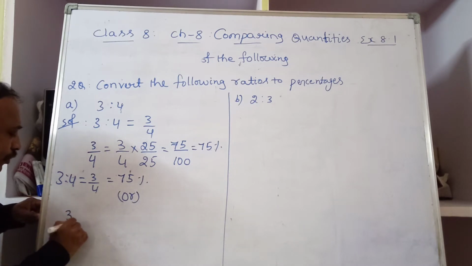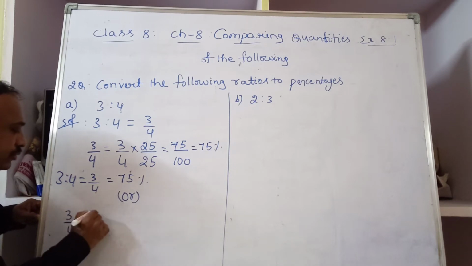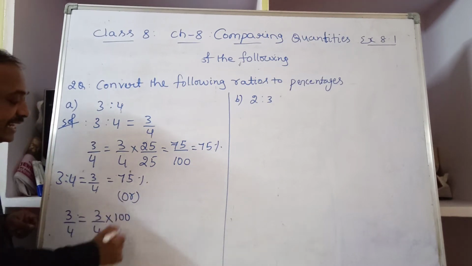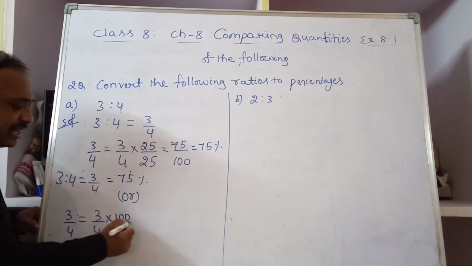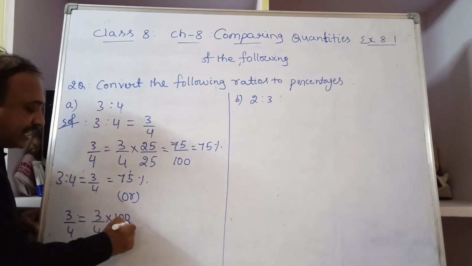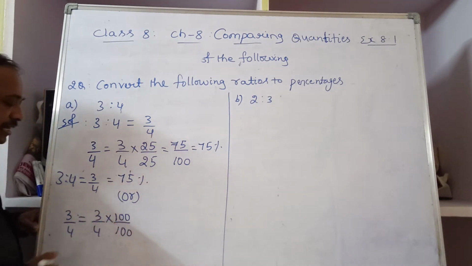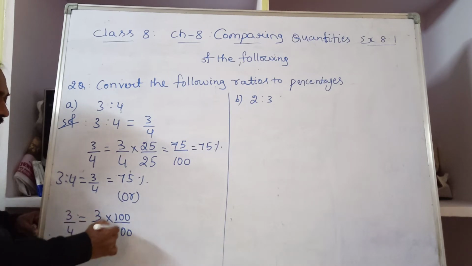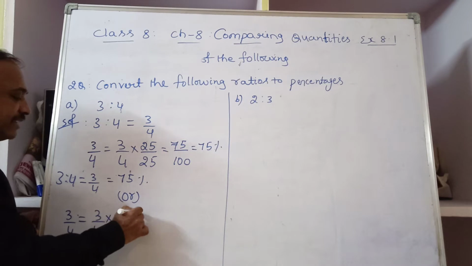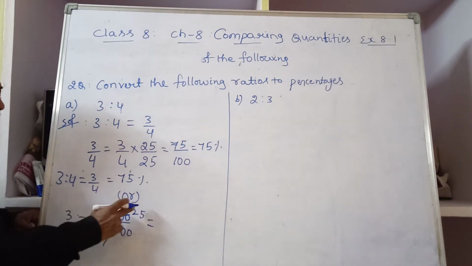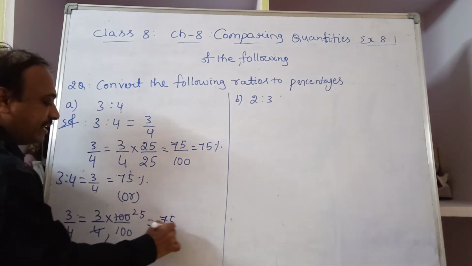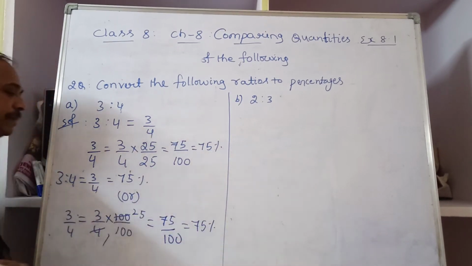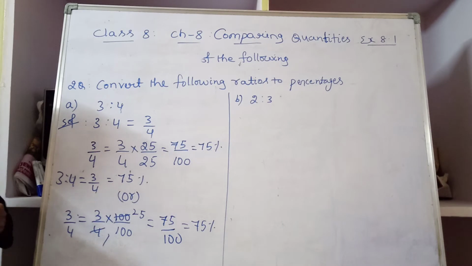Okay, 3 by 4 is equal to 3 by 4 into 100%. 100% is nothing but what? 100 by 100. Now you see 100 by 100. 4 ones are 4, 25. I cancel. 3 into 25 is 75 by 100, which is equal to 75%.